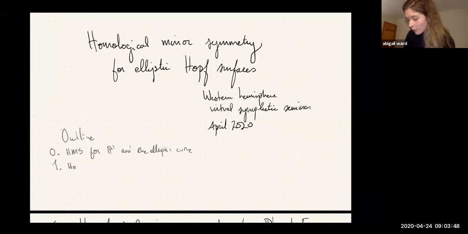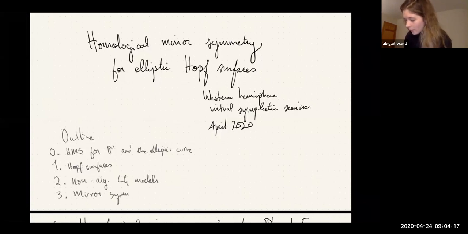Section 1 is about Hopf surfaces and the properties that we'll use. Section 2 is going to be the mirror side, defining the non-algebraic Landau-Ginzburg models that I mentioned in the abstract. And section 3 is going to be the mirror symmetry results. So sections 0 and 3 are going to be fairly examples-based mirror symmetry.